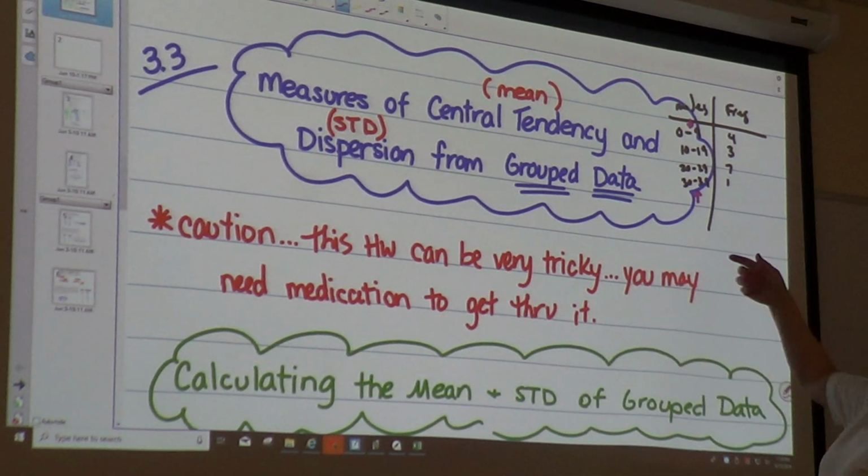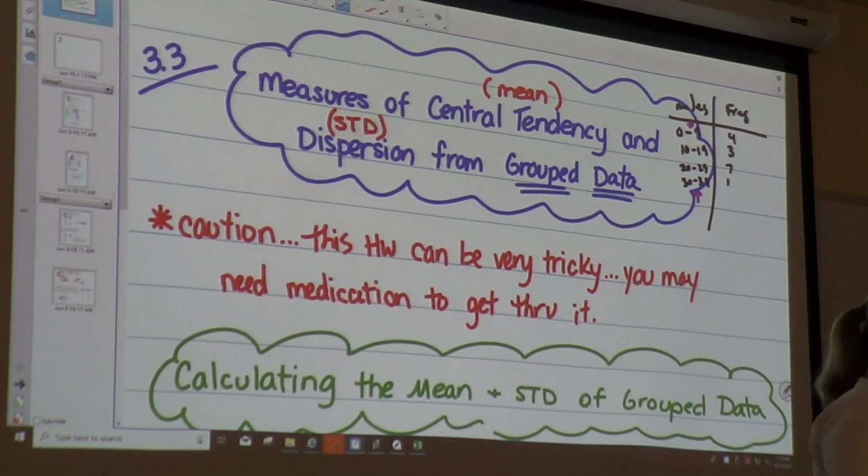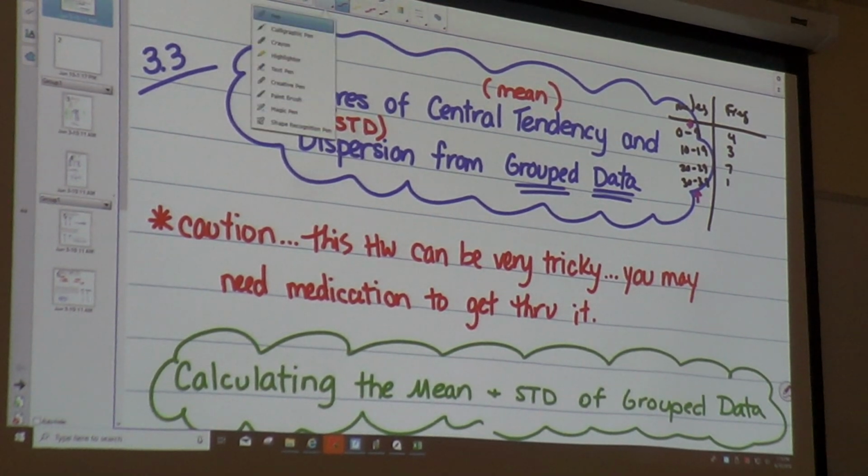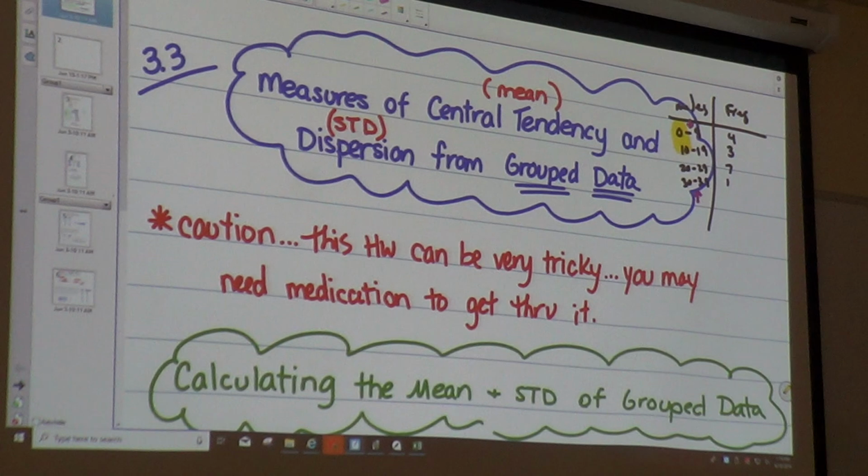So between 0 and 9, I need to know a midpoint. Here's what you do. You add up the 2 front numbers and divide them by 2. So I'm going to do front number plus front number cut in half. That gives me the midpoint of that one.